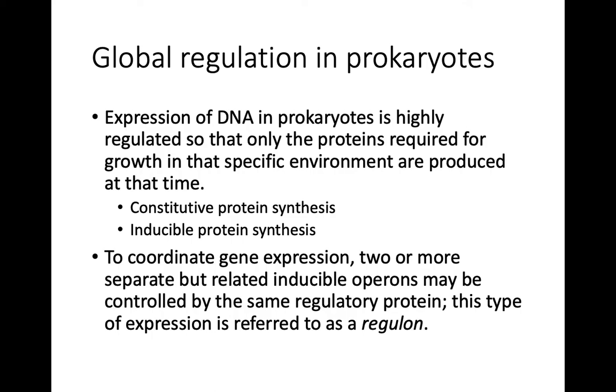On the other hand, we also have those that are produced in an inducible manner. So those inducible proteins, usually the substrates that they break down, or the structures that they are components of, those structures and substrates are very rare, no?